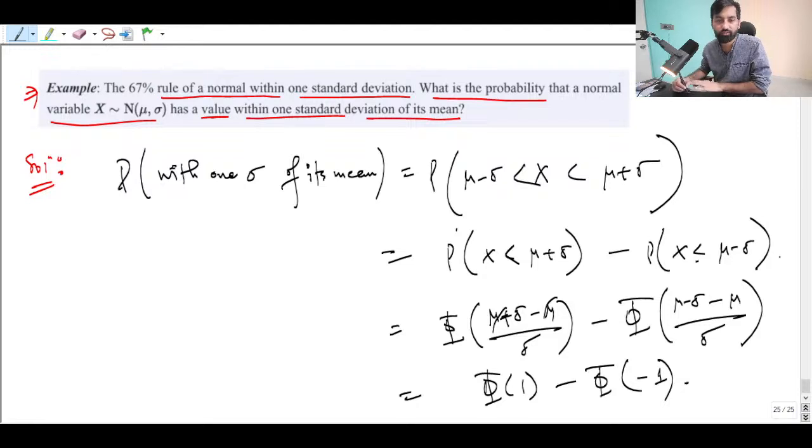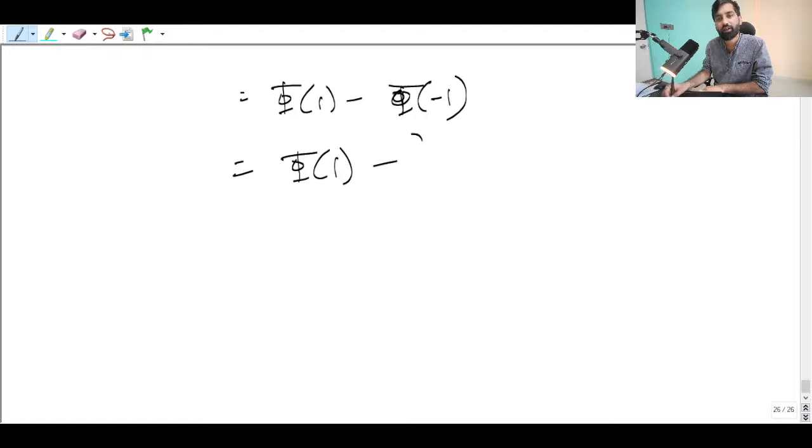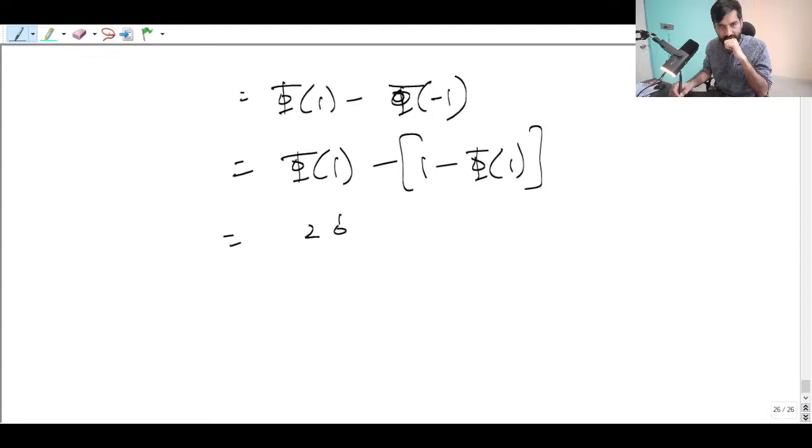Now you can find the values, right? Phi 1 minus phi of minus 1, which is phi 1 minus (1 minus phi 1). So I think it is 2 phi 1 minus 1.